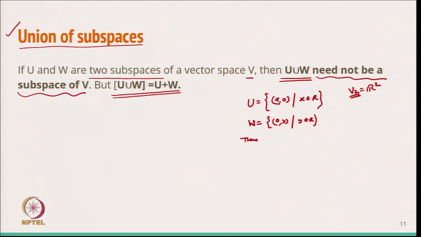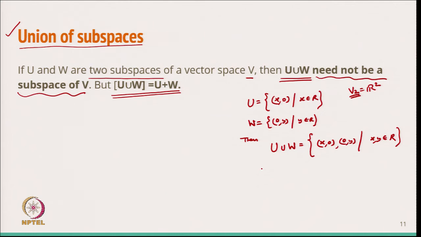Then I take U union W. So, U union W will contain all the elements (x, 0) and (0, y), where x and y belong to the real line, the field I have taken here. I have taken all the elements of U and all the elements of W such that x and y belong to R.